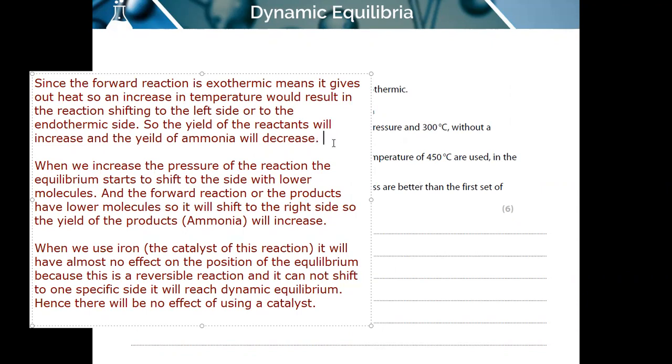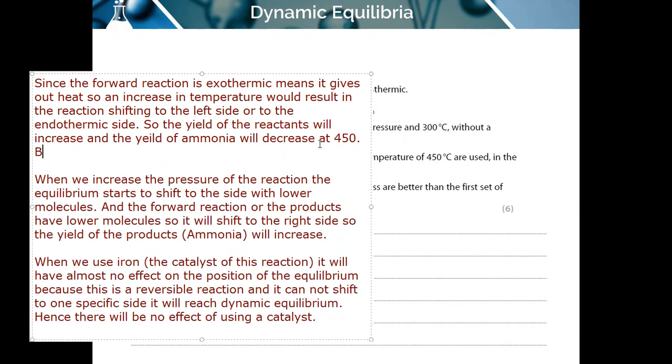At 450 degrees centigrade, the yield of ammonia is decreasing, but at the same time, the rate of reaction will increase. That is why, even though at a high temperature we are getting less ammonia, we still prefer it over 300 degrees centigrade.